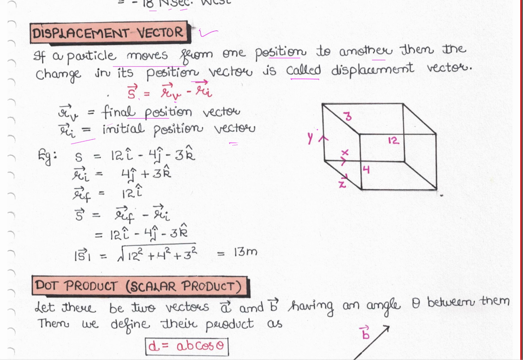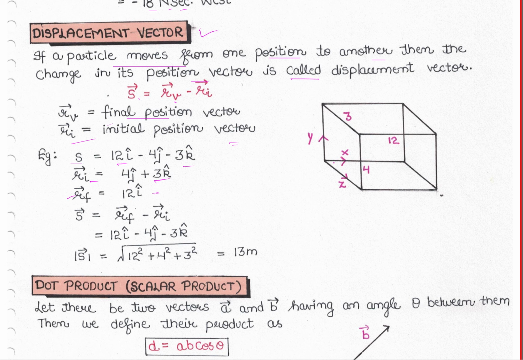In this figure, if S is equal to 12 i cap minus 4 j cap minus 3 k cap, we can write Ri is equal to 4 j cap plus 3 k cap, and Rf is equal to 12 i cap.